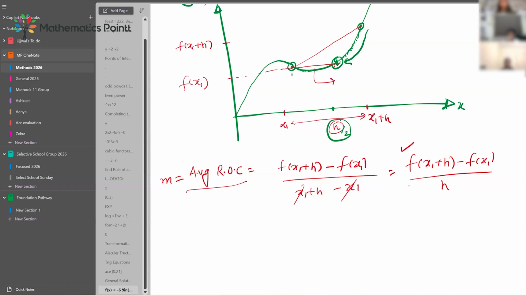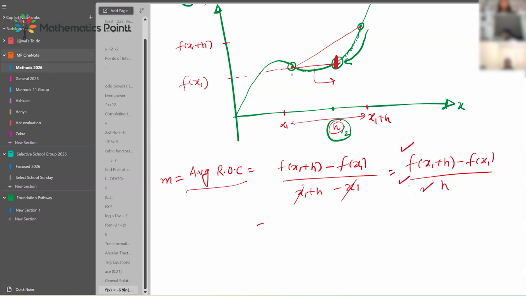And again, let's say this value is the new h. I end up finding the average rate of change, with this new point being my y2 and x2. So far, so good. I will still end up getting the same value. Not a problem.